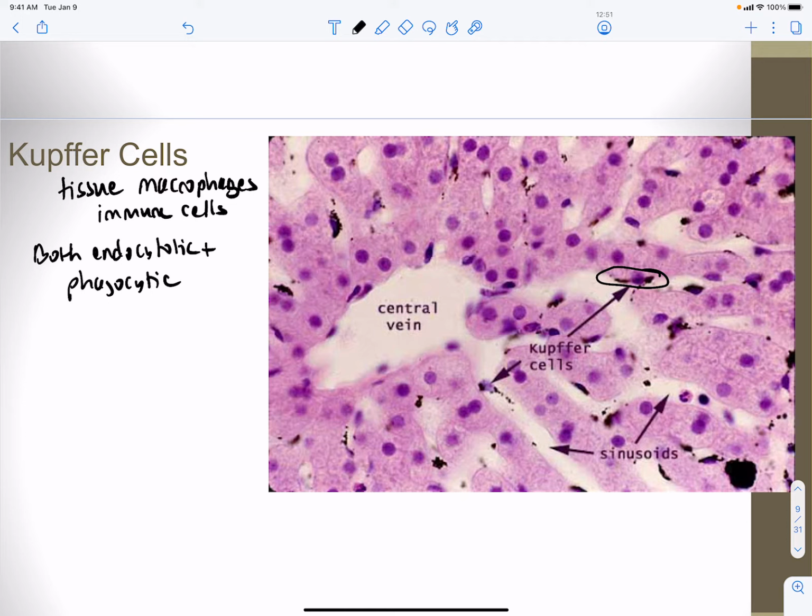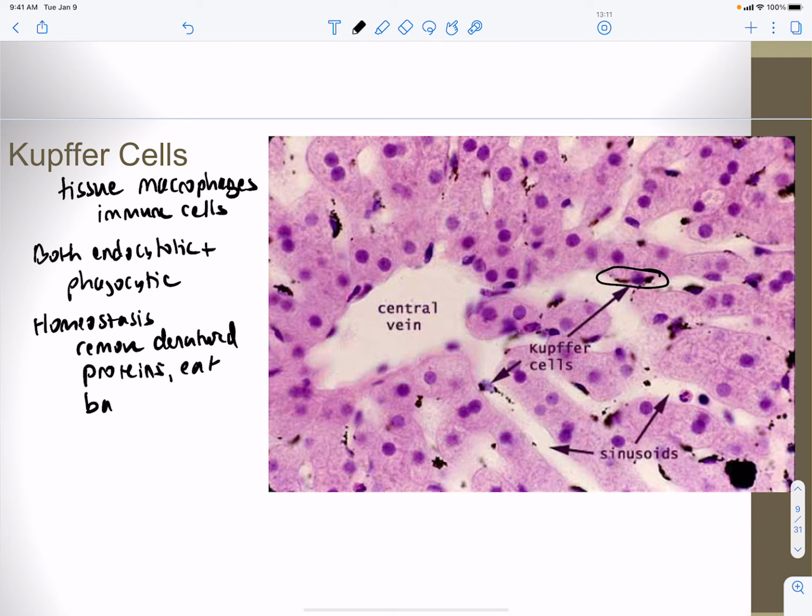So they are very responsible for homeostasis. So they help with homeostasis. They can remove denatured proteins. They can eat bacteria. And also they can pick up different types of proteins that can aggregate, such as immune complexes.